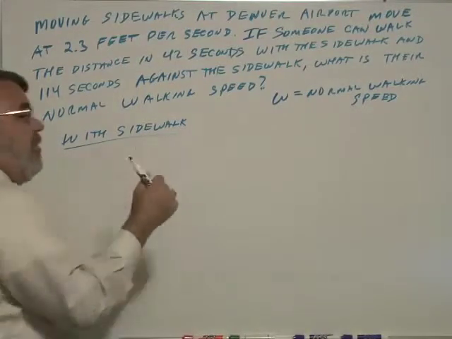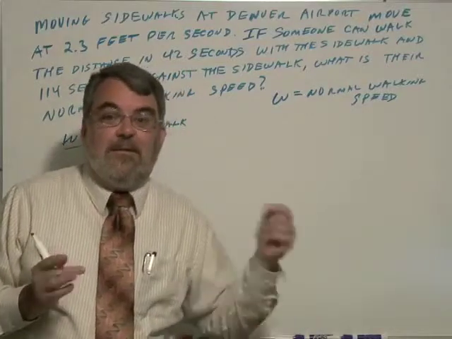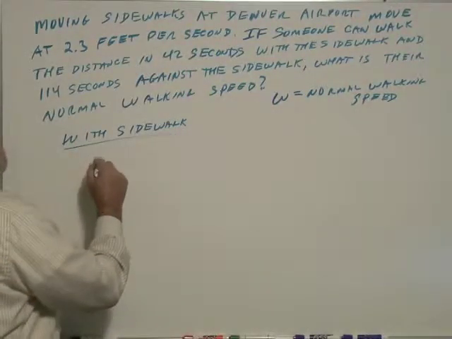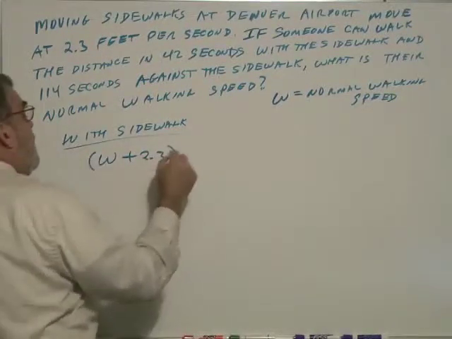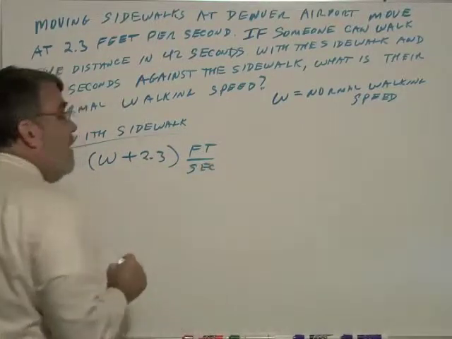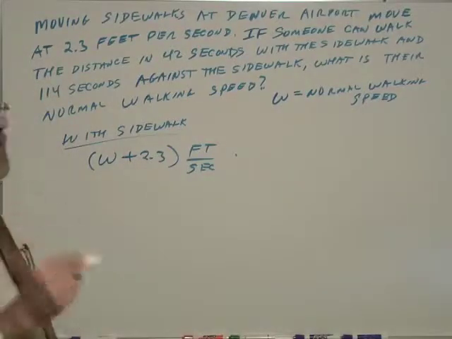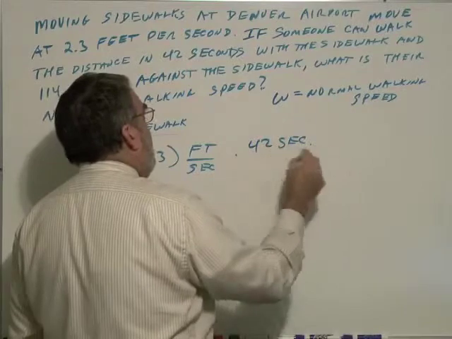Well, if you're going with the sidewalk, it adds 2.3 feet per second to your normal walking speed. So the speed is W plus 2.3. This is feet per second. And times, how long did it take? Well, it took 42 seconds. 42 seconds.